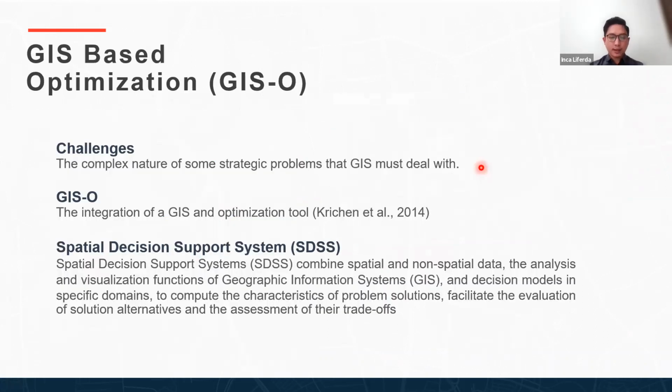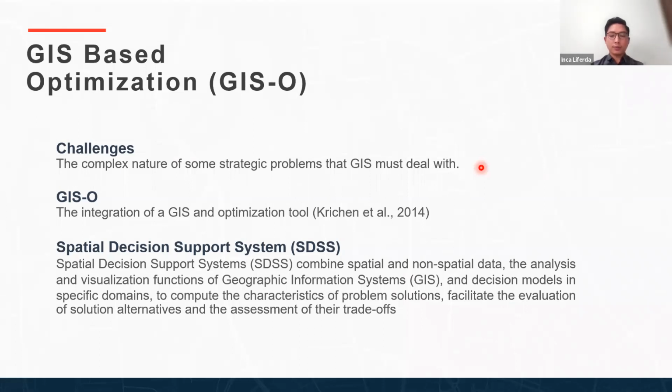Next, if we talk about GIS and its utilization for routing decisions, we must know about GIS-based optimization, or GISO. The GISO will be very useful to solve routing problems because it also utilizes a heuristics approach.